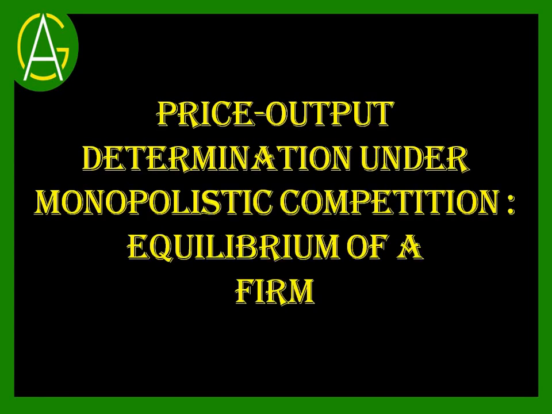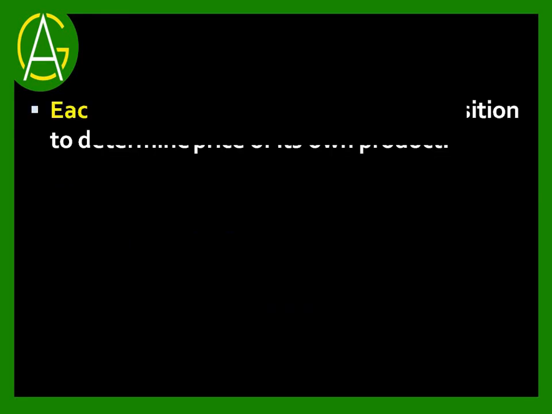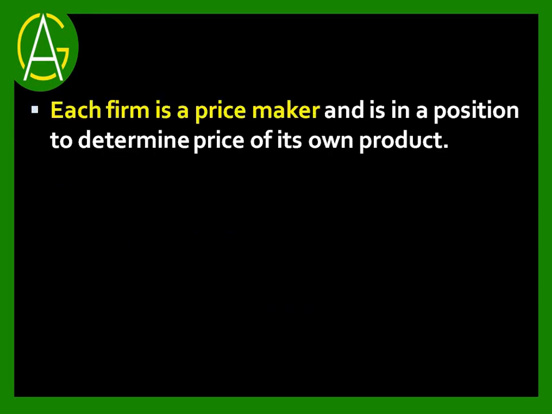Then price output determination under monopolistic competition. That means how a firm under monopolistic competition comes to the equilibrium point. Let us see. As you know, the firm under monopolistic competition is a price maker. Friends, we know that the firm under perfect competition was a price taker, but the firm in imperfect competition is a price maker.